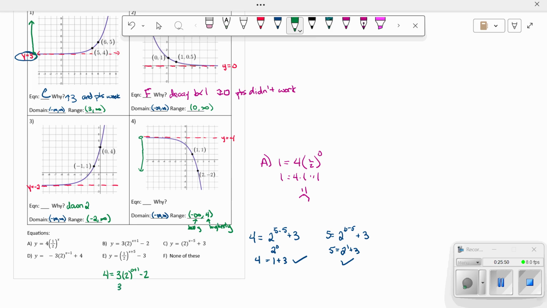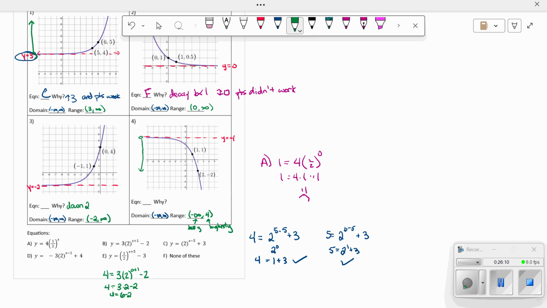All right, that is 3 times 2 minus 2. You just put that in Desmos. 6 minus 2 is indeed 4, so that first point works.